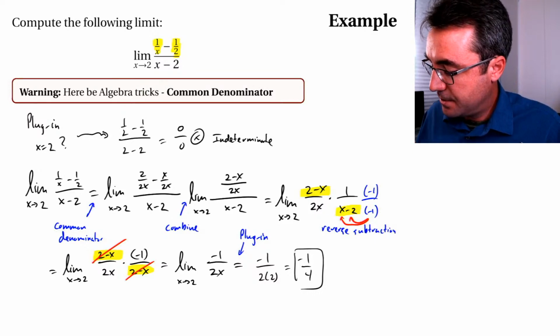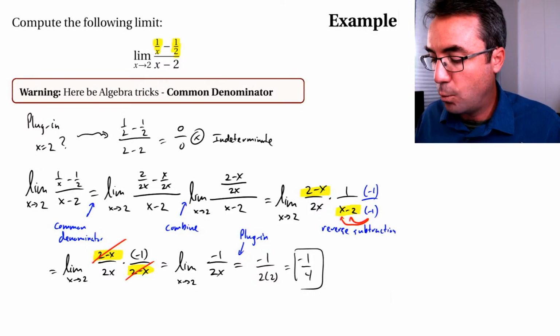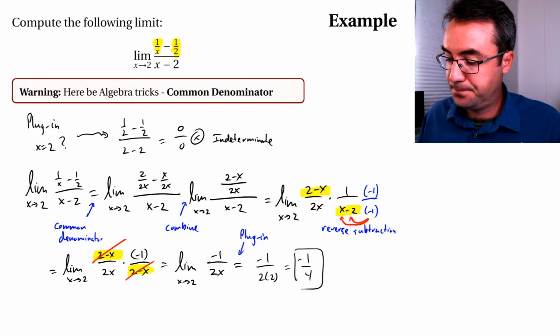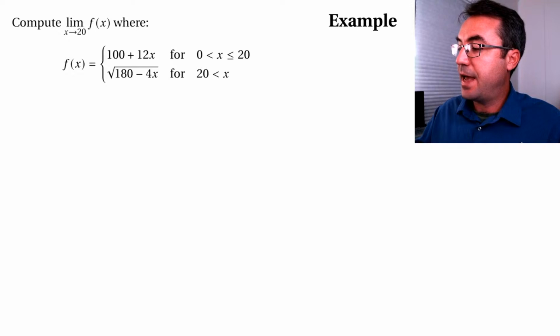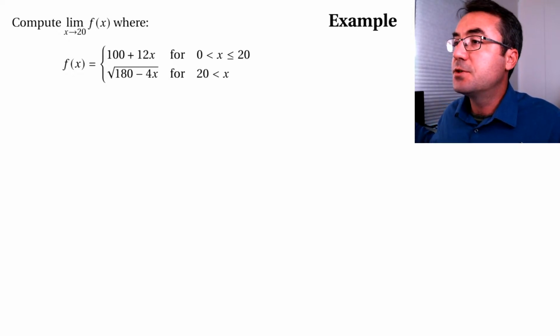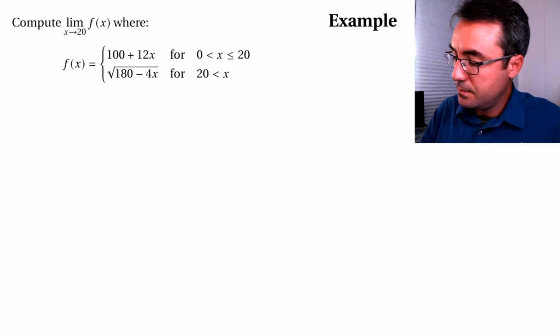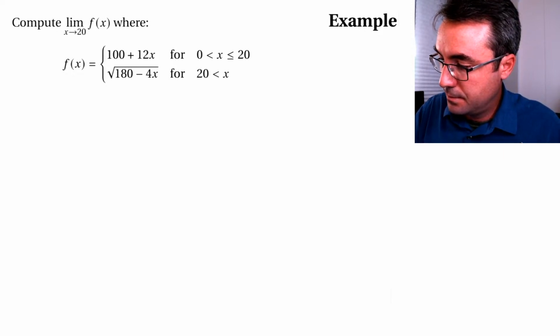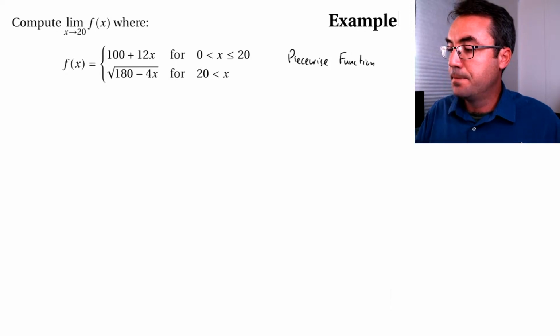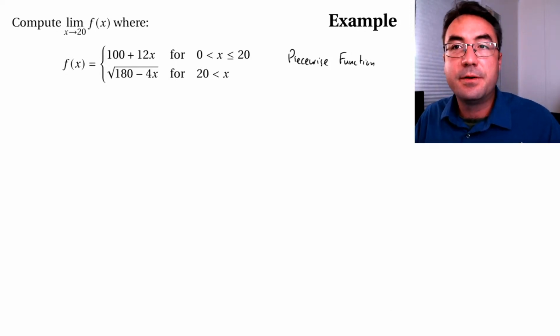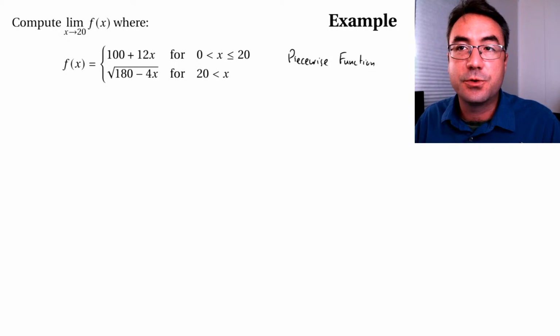All right, let's look at one more. And this is where we have a piecewise function. So we're going to see how to handle a piecewise function. All right, so we're going to do the limit of this function f of x as x goes to 20.